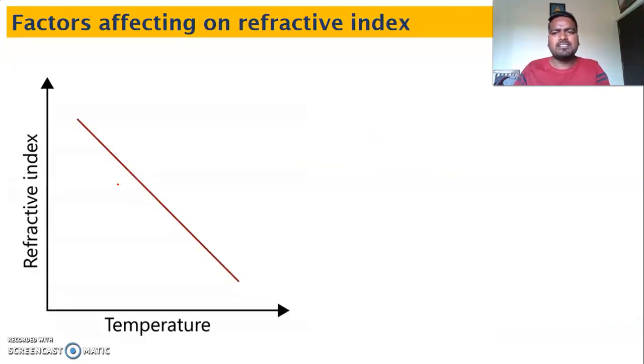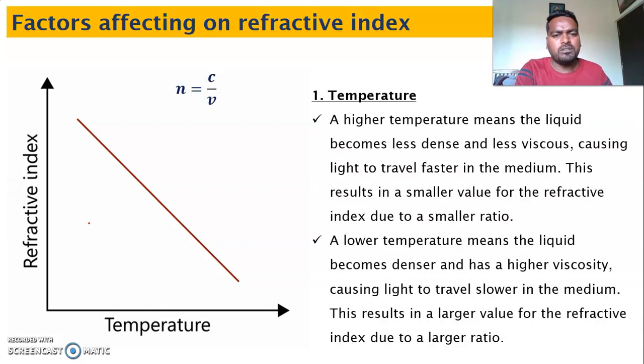Now let us understand the factors which affect the refractive index. The first factor is temperature. Temperature is inversely proportional to refractive index. This is because at high temperature, the force of attraction between the interparticles is very less.